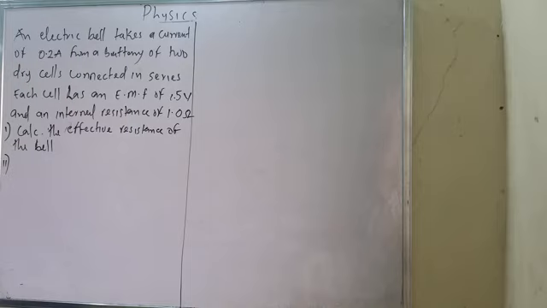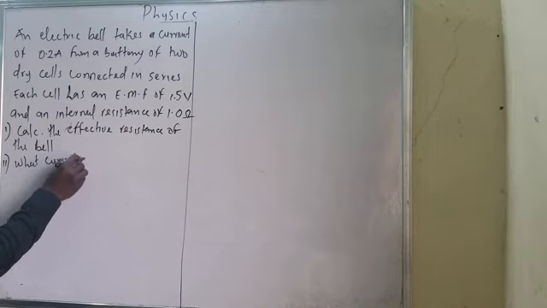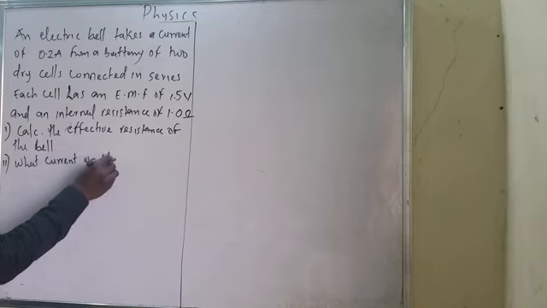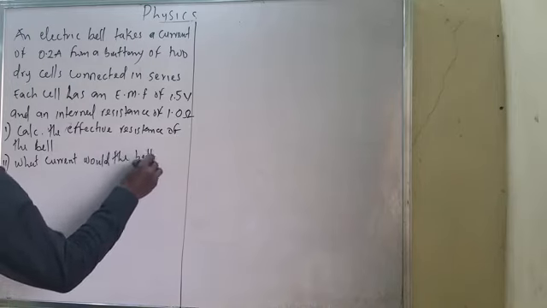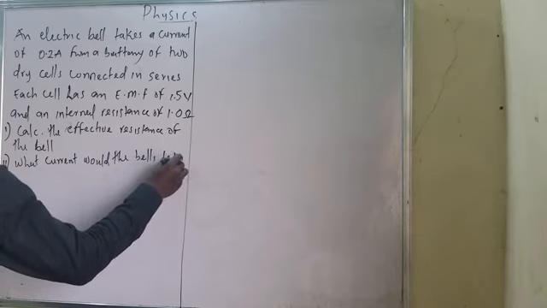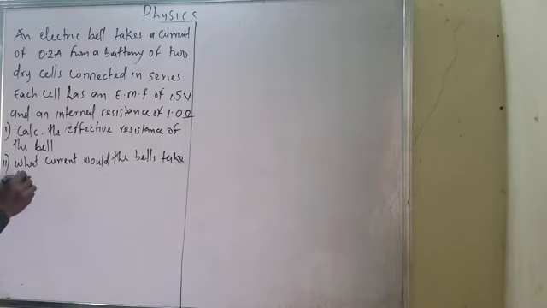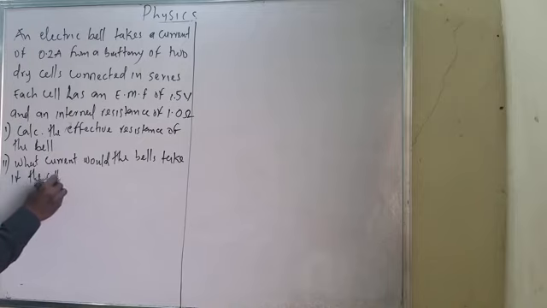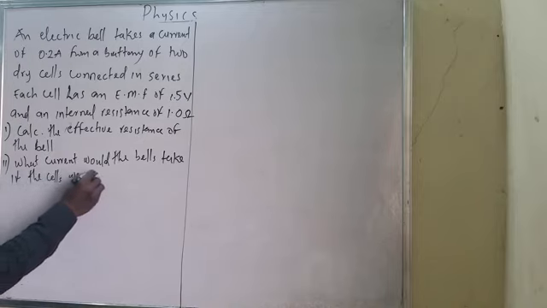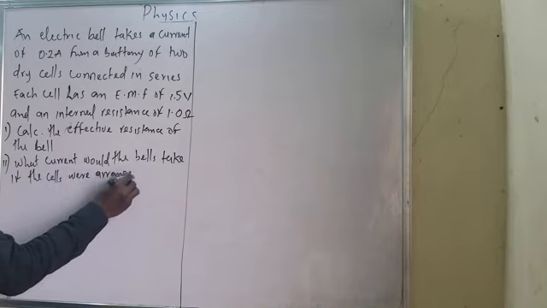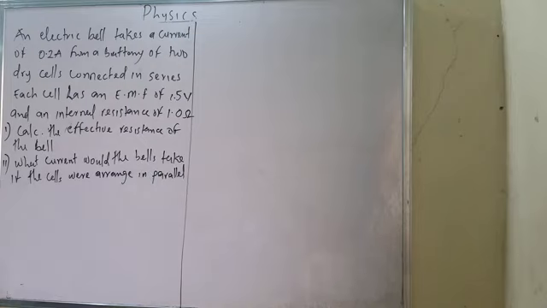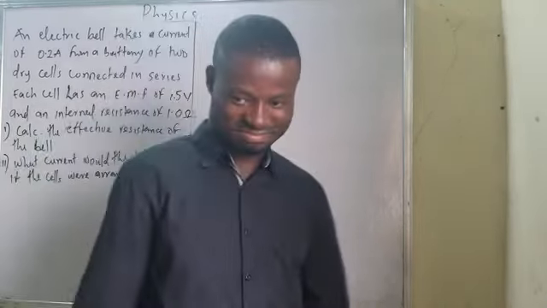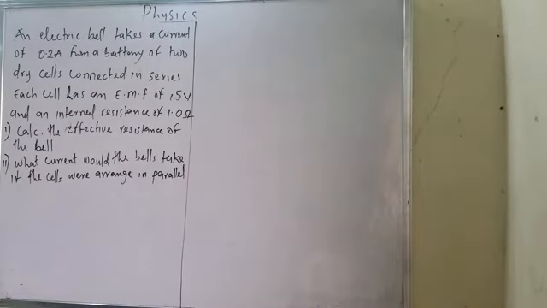Number two, what current would the bell take if the cells were arranged in parallel? Now, these are the two problems I have, and let's see what we can do with this problem.